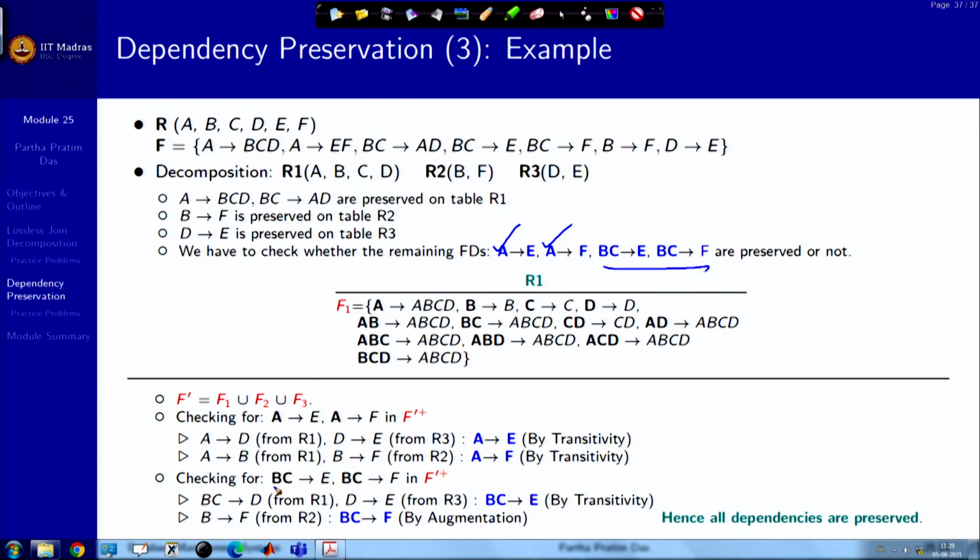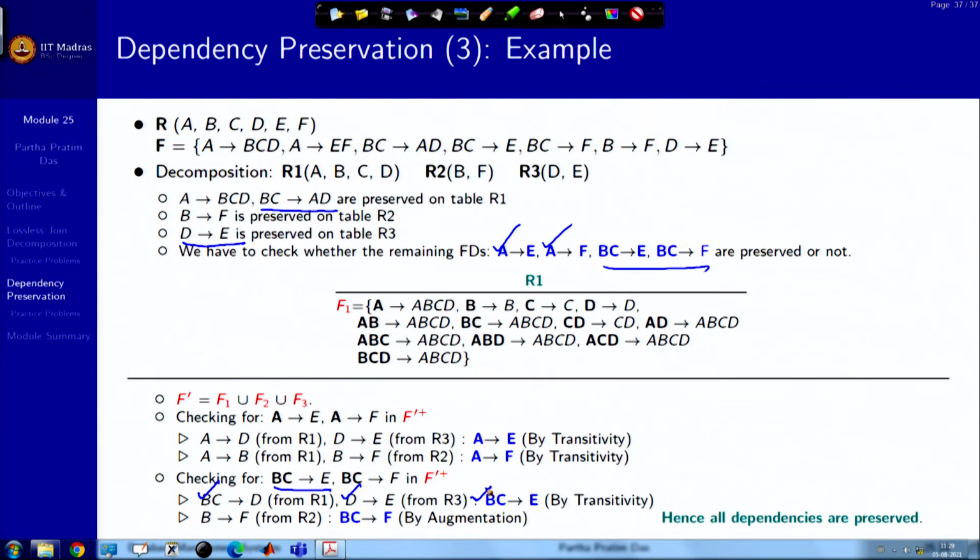So, BC determines E. Now, what do I have from R1? From R1 I have BC determines AD. If it determines AD, then it determines D. So, BC determines D. What do I have from R3? D determines E. By transitivity, I have BC determines E. Now, obviously, this is not the way the machine will work.